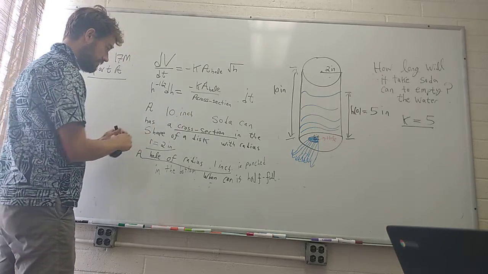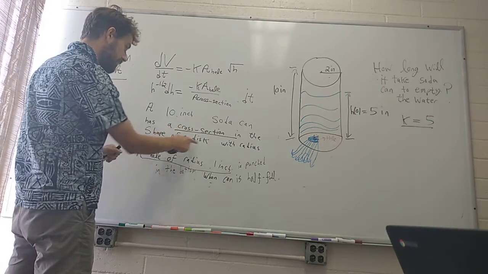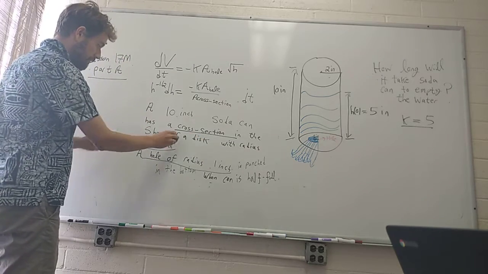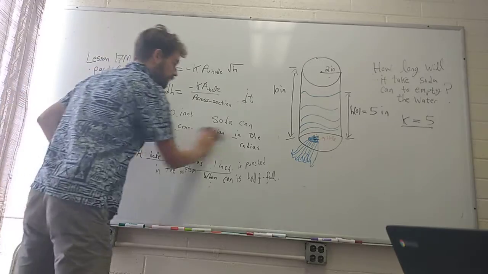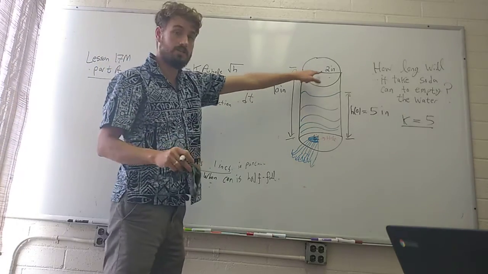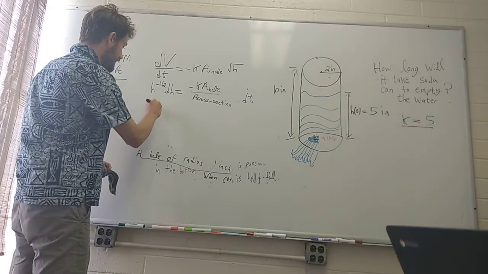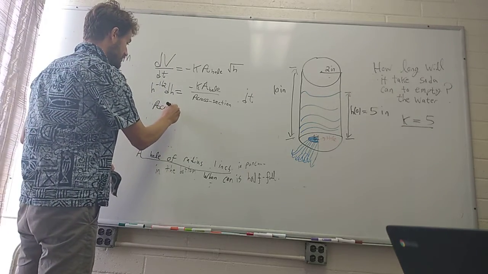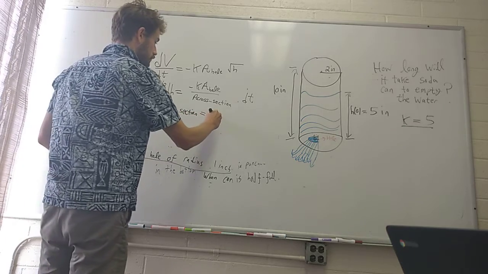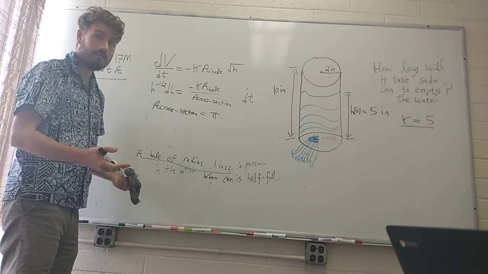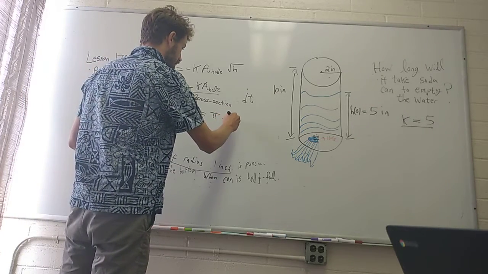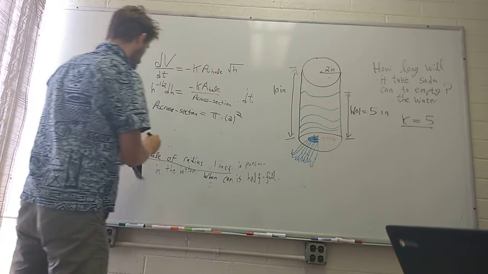10-inch soda can, cross-section in the shape of a disc with radius 2 inches. So what does that mean? The only really important thing there is that the cross section is 2 inches. So the cross section area equals pi, this is the area formula for a circle, pi times 2 squared.